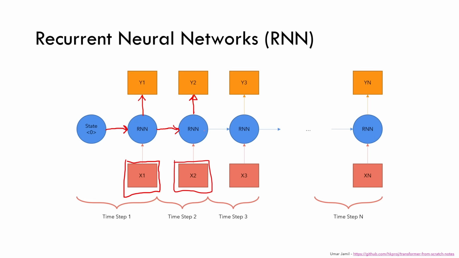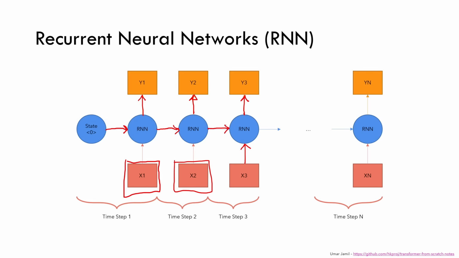Then we did the same procedure at the third time step, in which we took the hidden state of the previous time step along with the input token at time step 3, and the network had to produce the next output token, Y3. If you have n tokens, you need n time steps to map an n-sequence input into an n-sequence output. This worked fine for a lot of tasks, but had some problems.